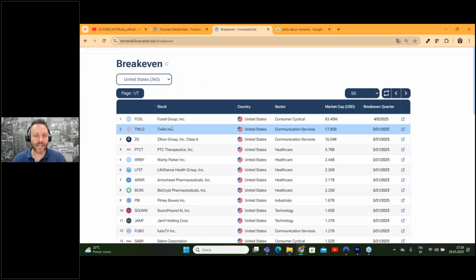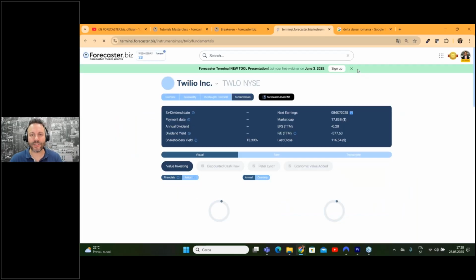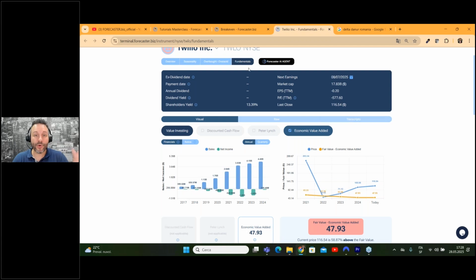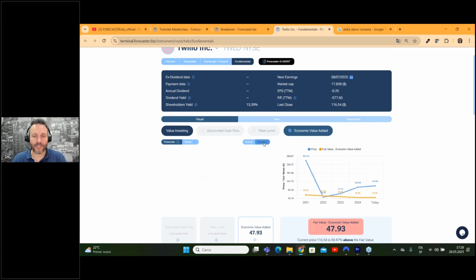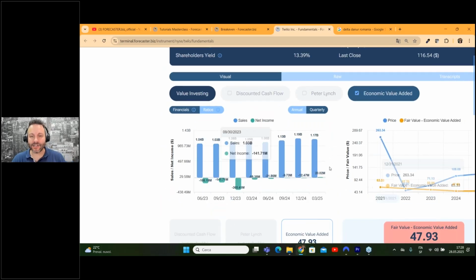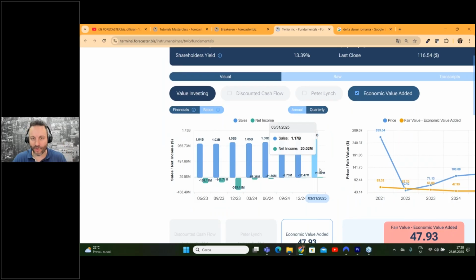And for example, we talked a lot in the past about Twilio, which is a very interesting company. You can find Twilio in this page for a very simple reason. The last quarter was a profit quarter for the company, and it was in profit for the first time. That's it.